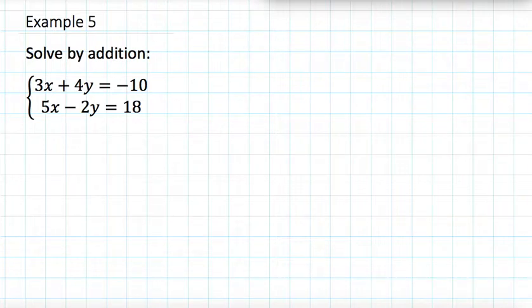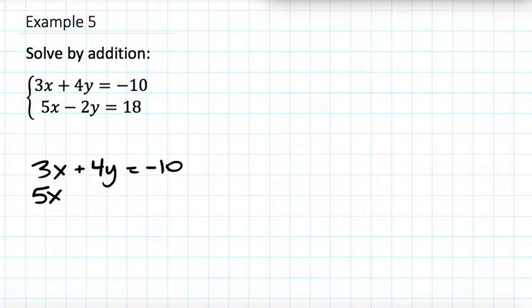So this problem, I need to do addition because substitution, like I said, there's no x or y that doesn't have a number in front of it. So my equations are 3x plus 4y equals -10, and 5x minus 2y equals 18.